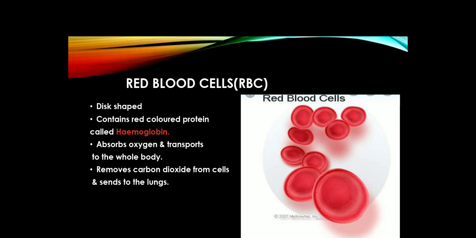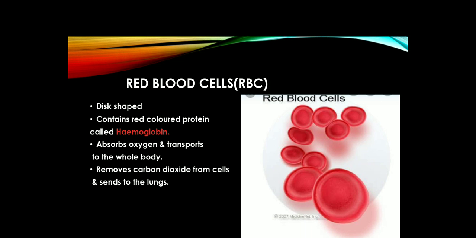Red blood cell is disc shaped, it has a protein called hemoglobin. Because of this protein, the blood appears red in color. Function: it absorbs oxygen and transports it to the whole body. It removes the carbon dioxide from the body cells and sends it to the lungs.